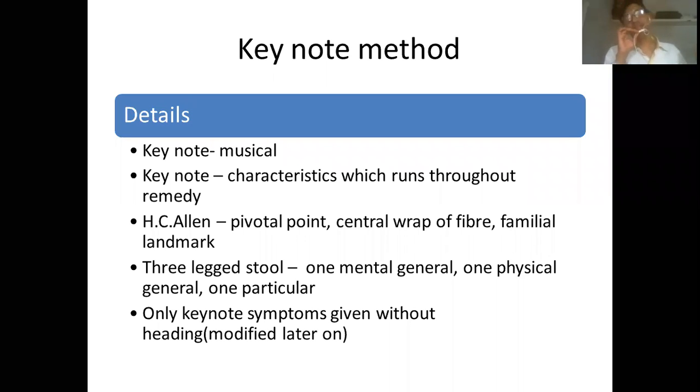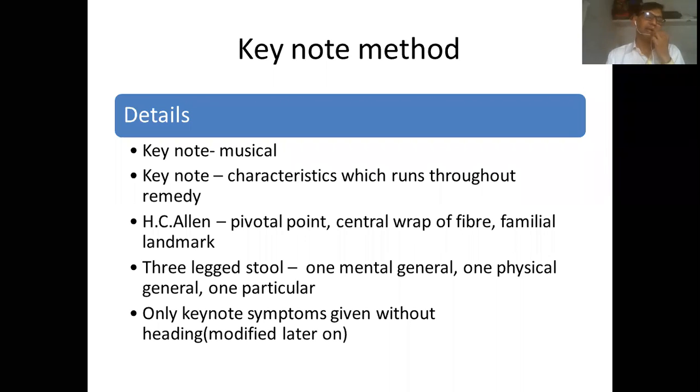And this term three-legged stool came very late in the field of materia medica, when this keynote system was criticized, saying it is all wrong, that it is only focusing on one symptom and neglecting the rest.